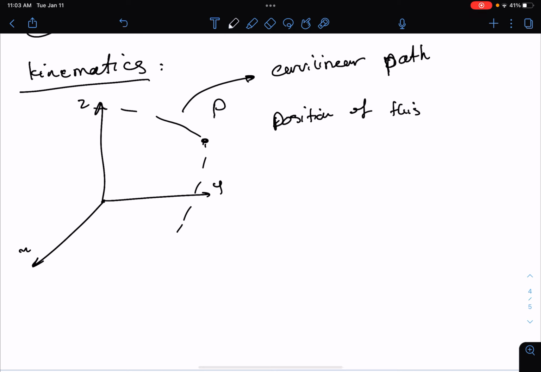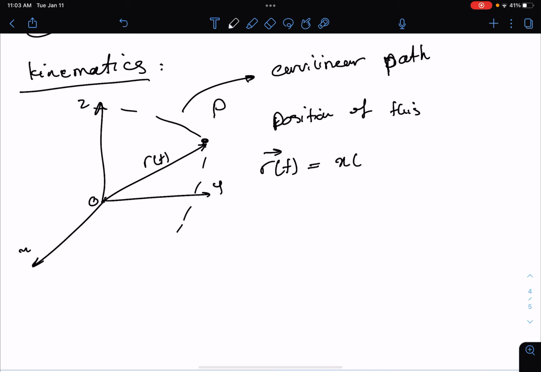Position of this point is defined by a vector r that is a function of time. So this vector r that goes from the center of the coordinate system to your particle is going to change with time. Your particle moves over time, so your position vector is also going to change with time.